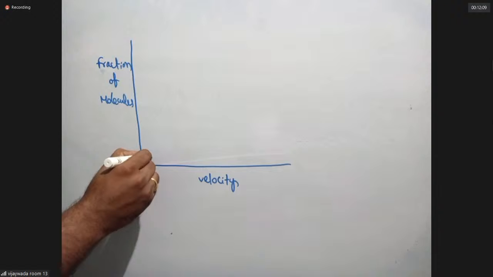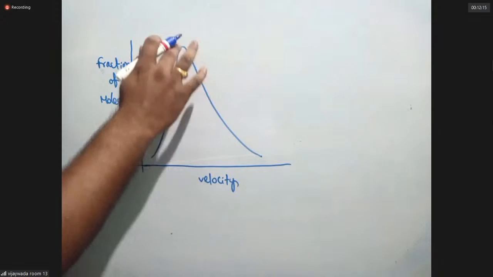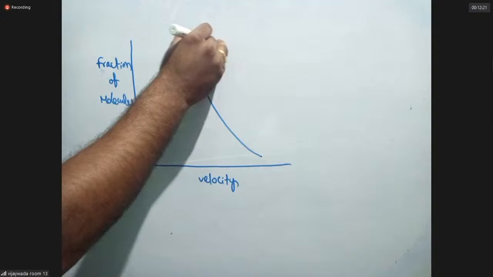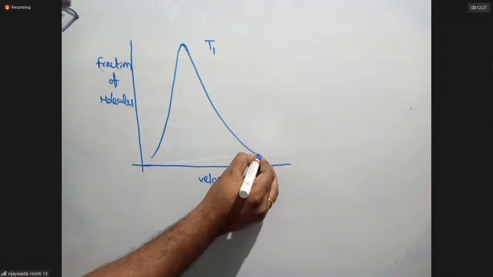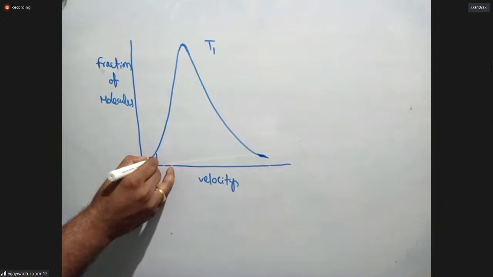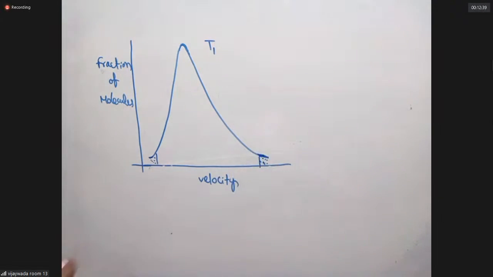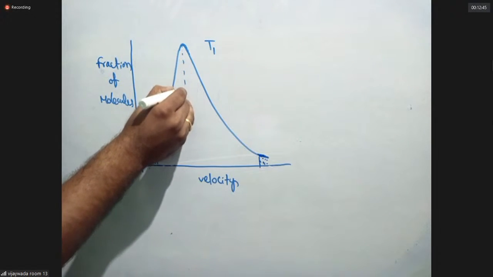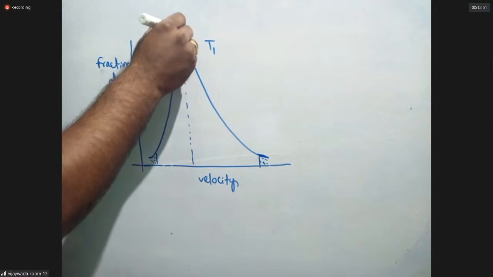The observed graph is at temperature T1. And this point is the most probable velocity.